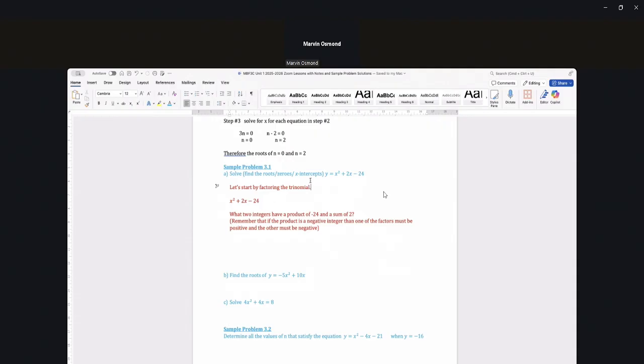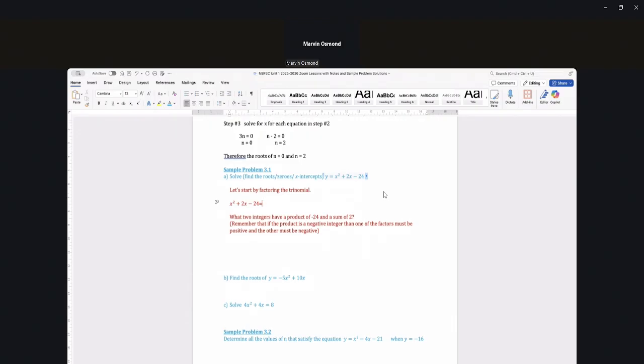So if I make y equal 0 and I solve the trinomial, I'll work through an example for you and then you'll see where we're going with it. So if I factor the trinomial, then we have to set that equal to 0, and we're going to solve that trinomial.